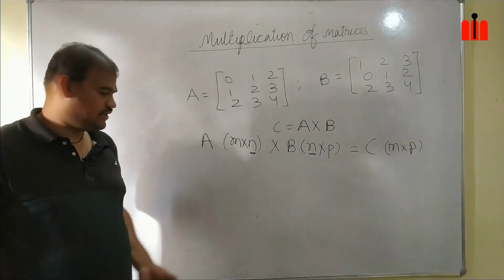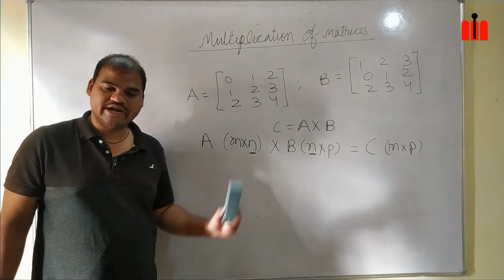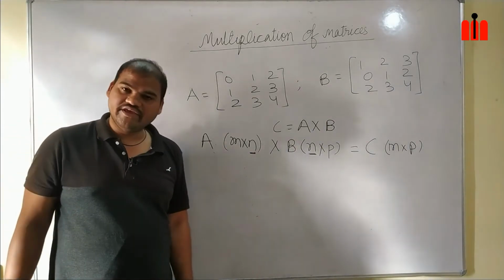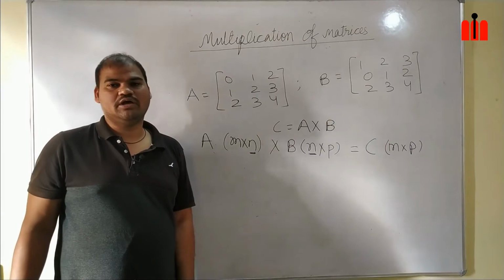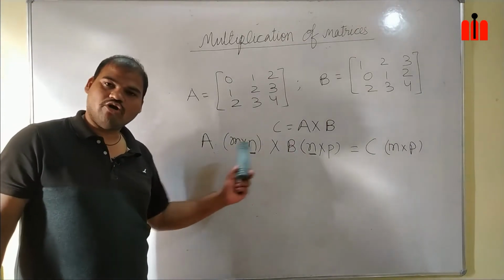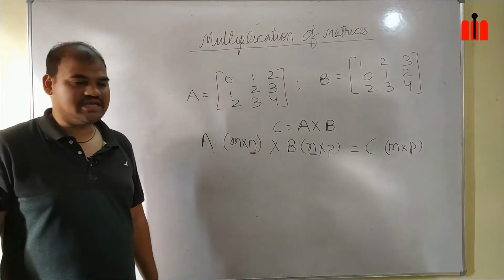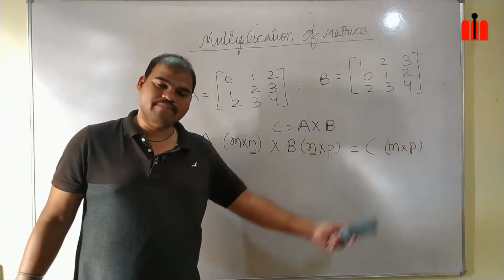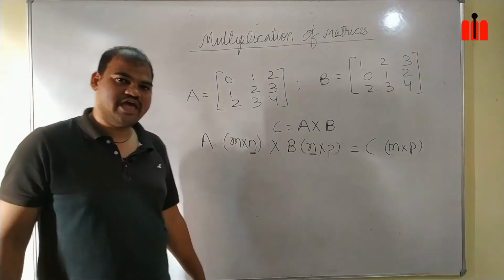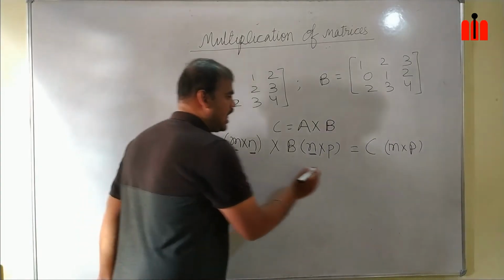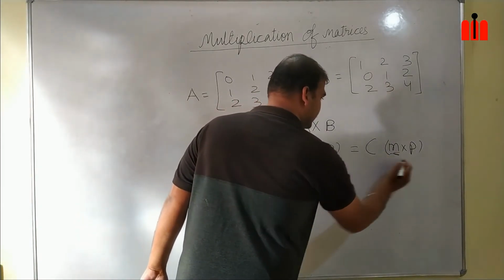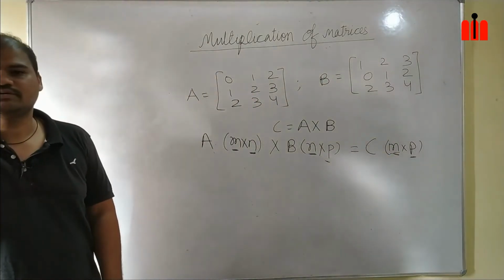I repeat, A with M rows and N columns, B with N rows and P columns. Multiplication of these two matrices will result into a matrix which is having a size of M rows and P columns.